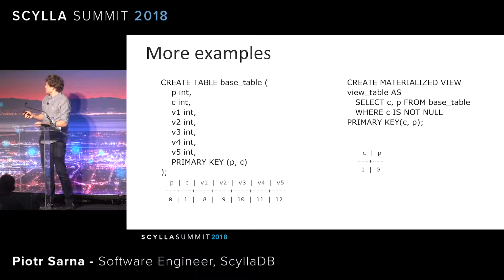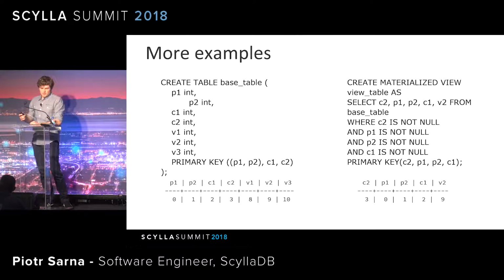And you can also see that what we actually store in a materialized view is only what's necessary. We don't store all the values that were there in the base table because they can be big. We just store what we need.